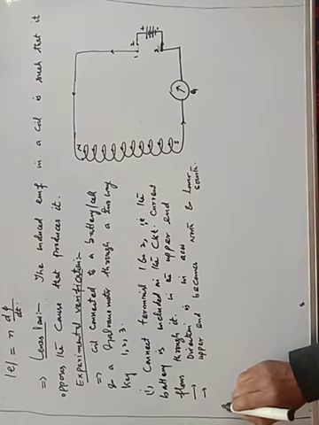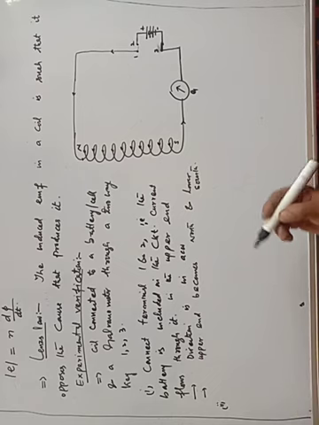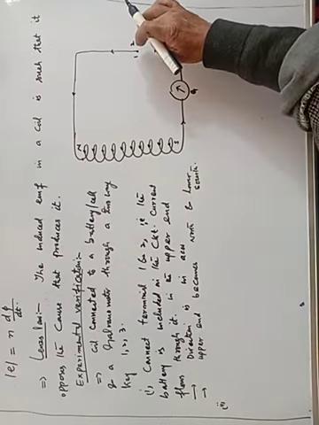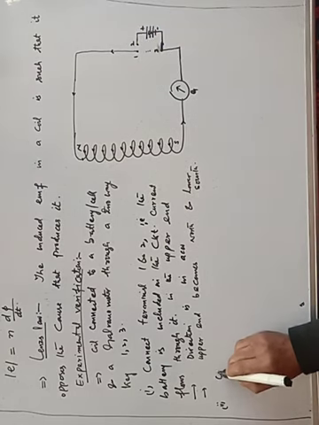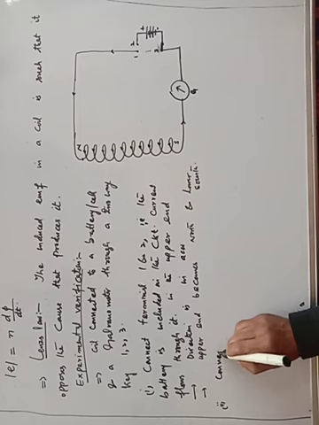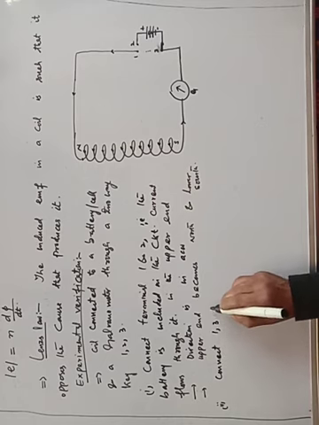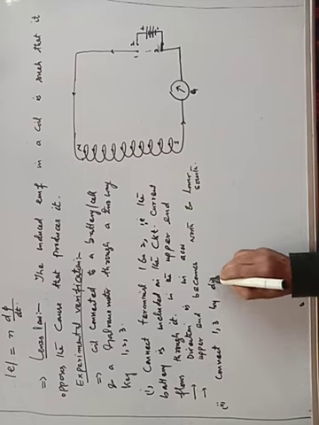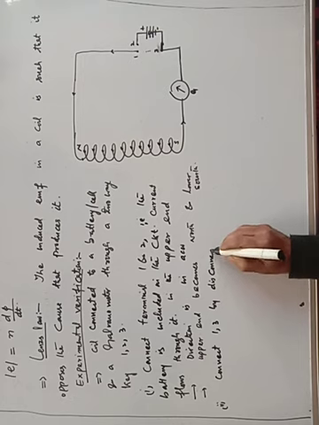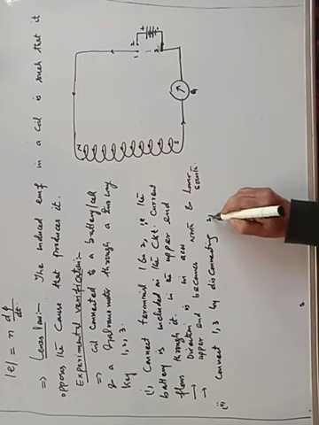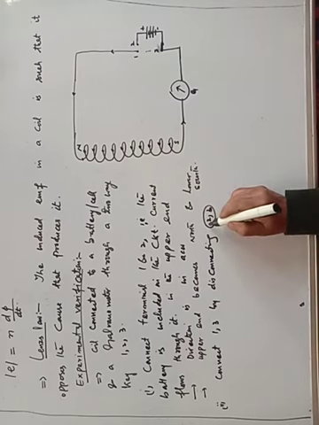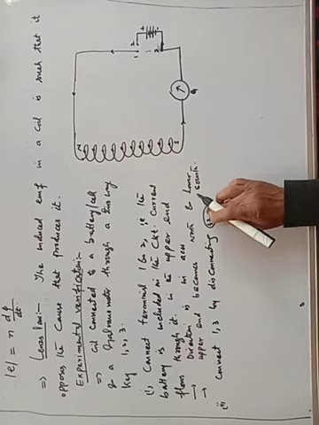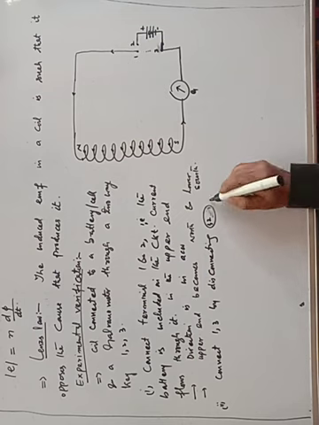Now in step number 2, what we have to do, we have to disconnect 1 and 2 and connect 1 and 3. So connect 1 and 3 by disconnecting, sorry, by disconnecting 1 and 2.